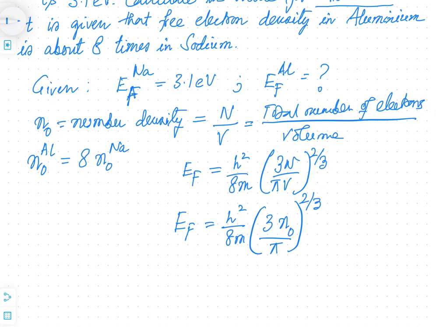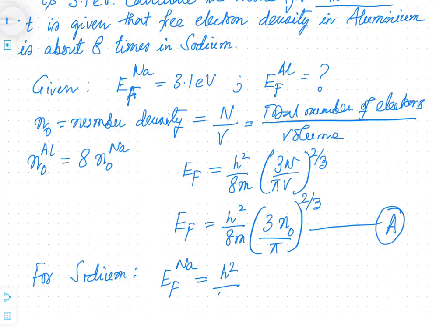Okay. So this equation I will write once for the sodium, and again I will use the same equation and write it for aluminium. So for sodium I'll write this equation A. For sodium I write this: Fermi energy of sodium is equal to h square by 8m, 3 number density of sodium divided by pi to the power 2/3, and I name this equation 1.